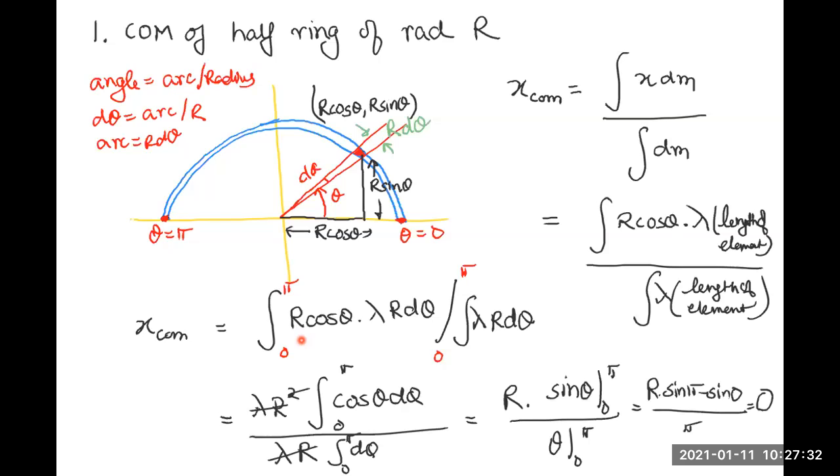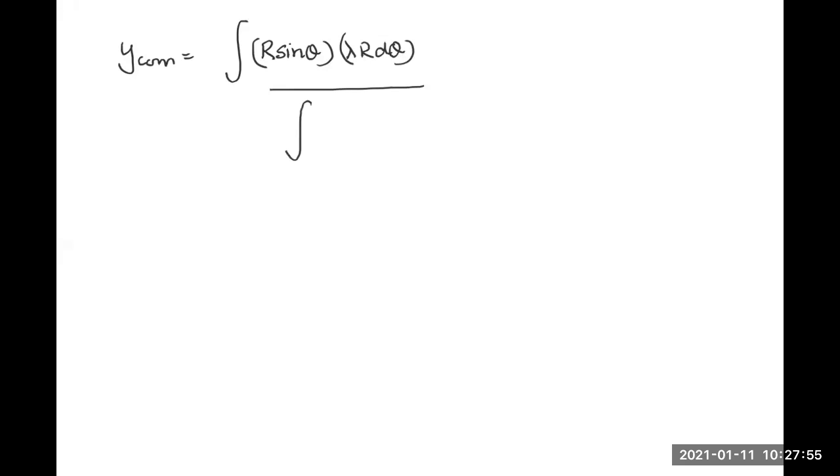So I'll change the slide and I'll then do this. Nice, the angle of the answer is fine, see. The y coordinate of center of mass is equal to the integral of r sine theta into lambda r d theta divided by lambda r d theta, from 0 to pi.